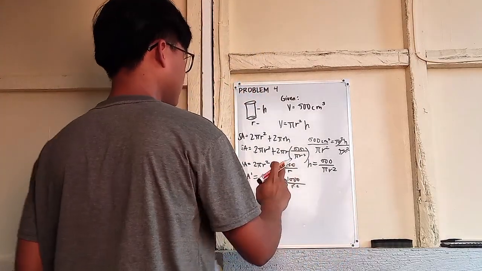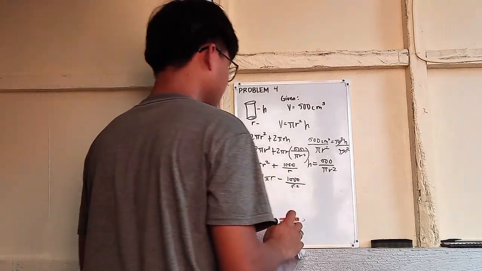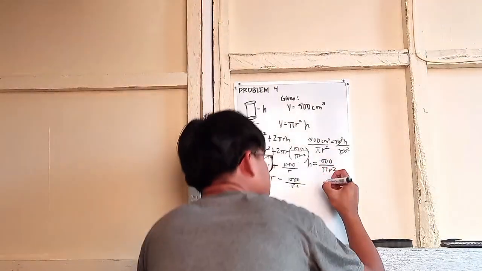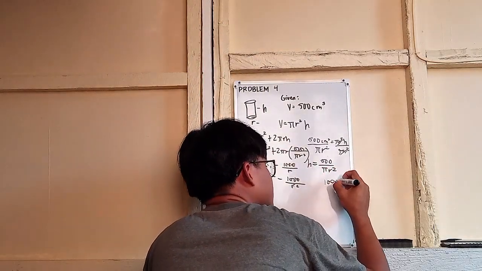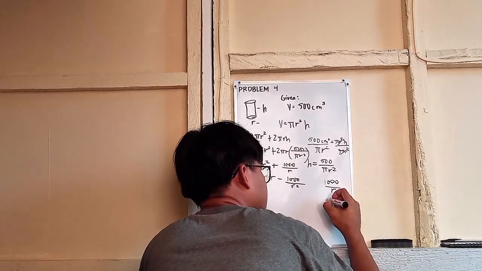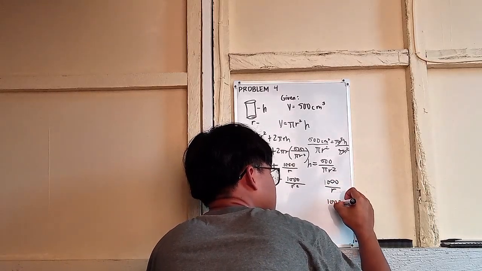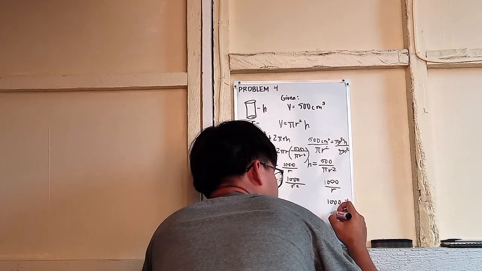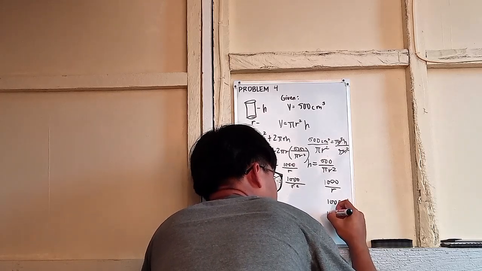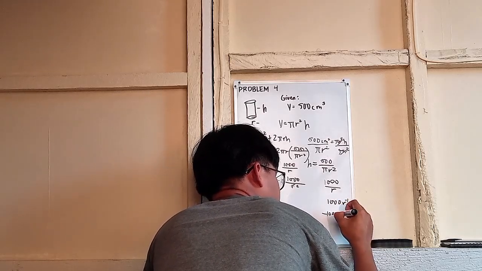So in getting the derivatives, 1000 over r is 1000 times r to the negative 1.